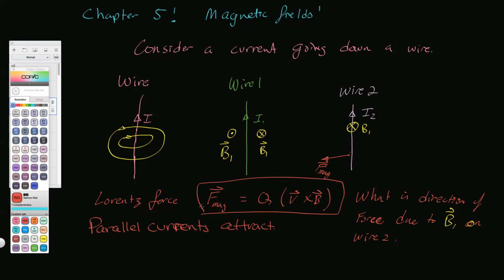So if we have both, the total force is going to be QE, we know that's the force, plus Q V cross B, right? Okay.